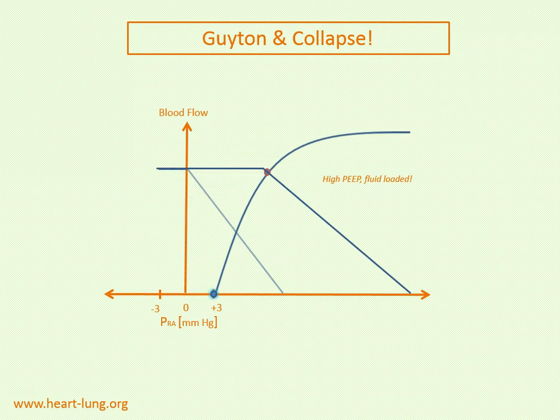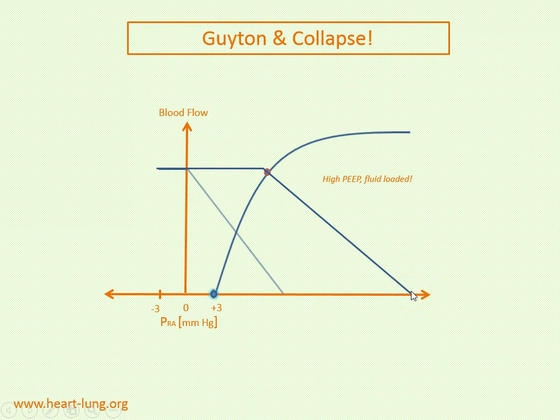So you have a very high mean systemic filling pressure because now they've had unstressed volume recruited into stress volume of increasing the mean systemic filling pressure by placing them in Trendelenburg, plus you've given them a liter of crystalloid. So you really should increase that mean systemic filling pressure to a great degree.